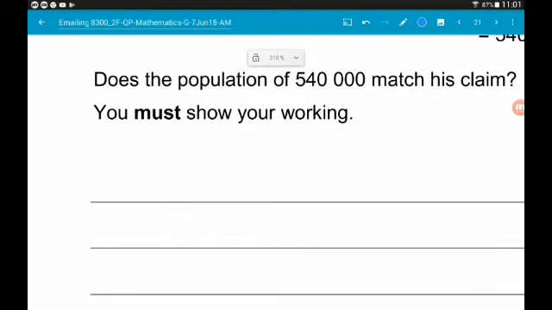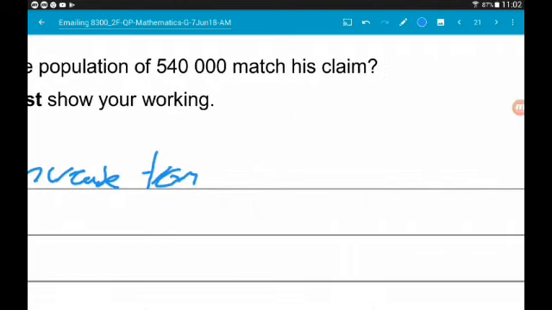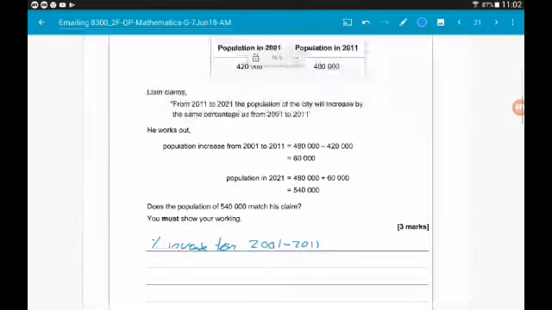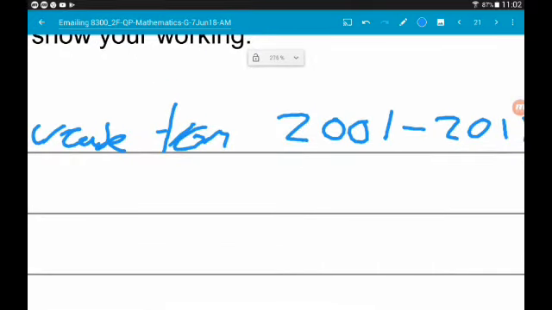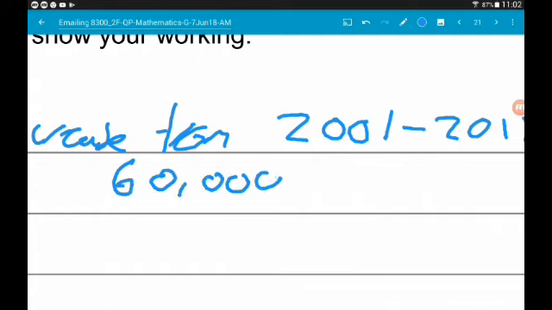So the percentage increase from 2001 to 2011 is, well, the actual increase was 60,000, and then we would divide that by the original population in 2001, so 420,000.